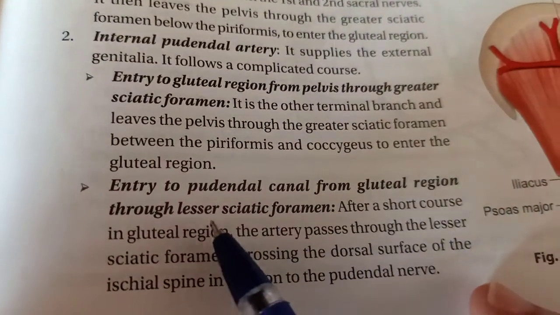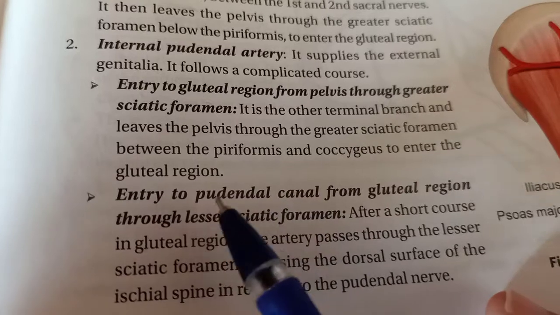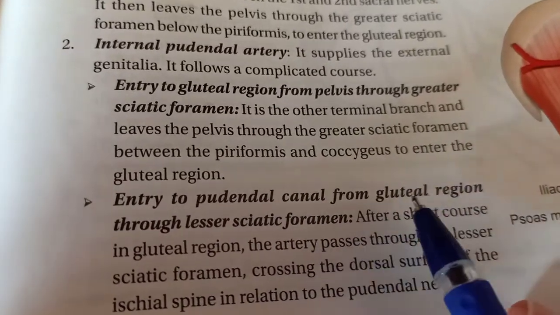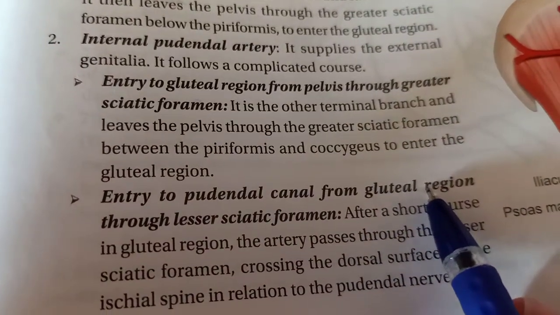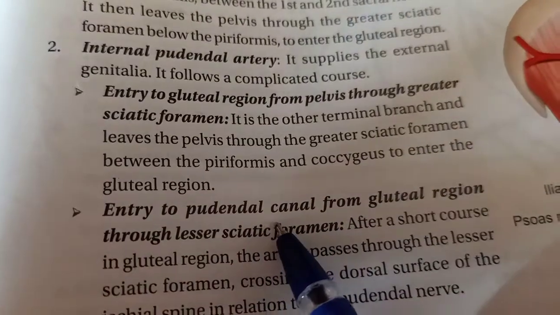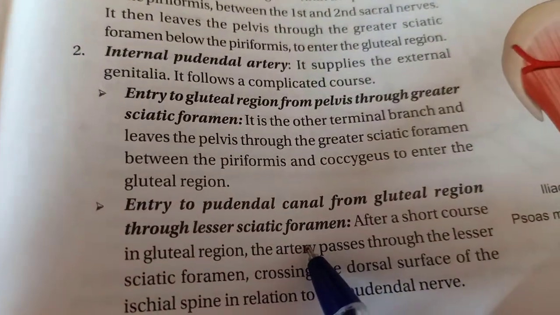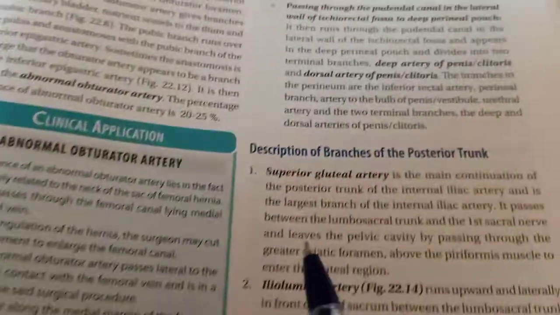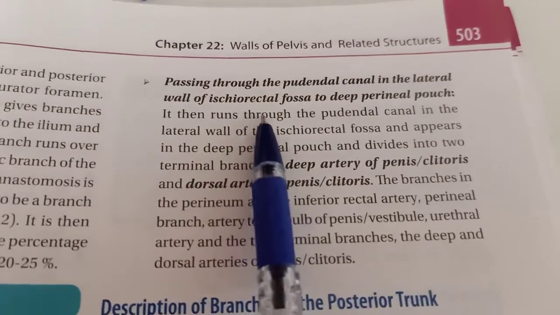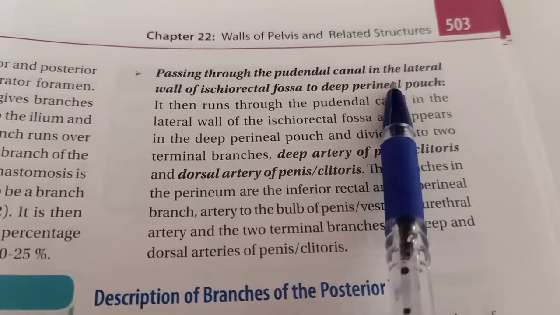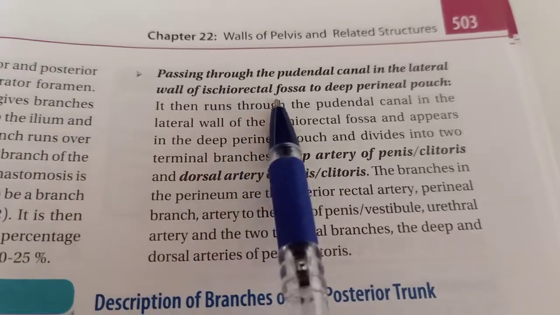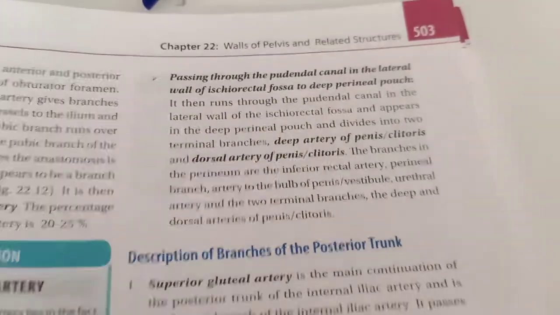Now from the gluteal region it will enter the pudendal canal through the lesser sciatic foramen. Then it will pass through the pudendal canal in the lateral wall of the ischiorectal fossa to the deep perineal pouch.